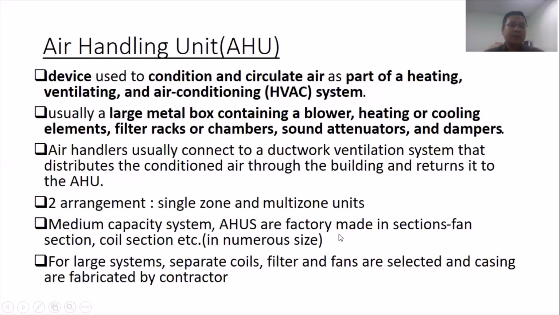Sometimes they are already developed by the company and factory with certain conditions and sizes. Based on our design, we can propose to the factory, or based on the market size, maybe we can buy.